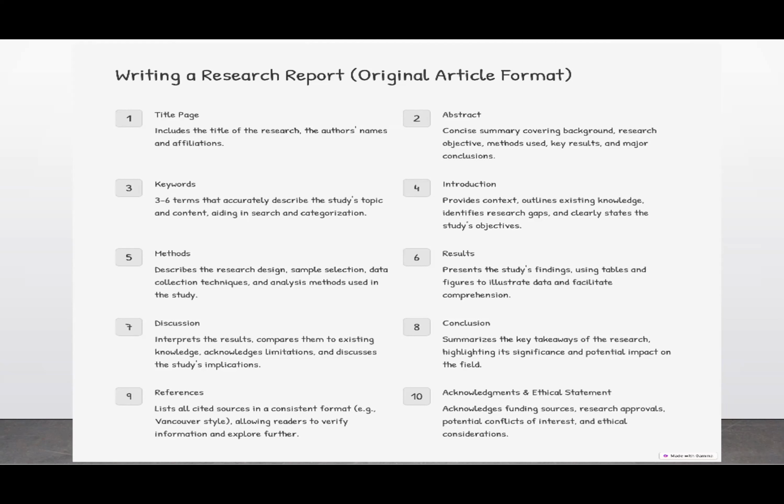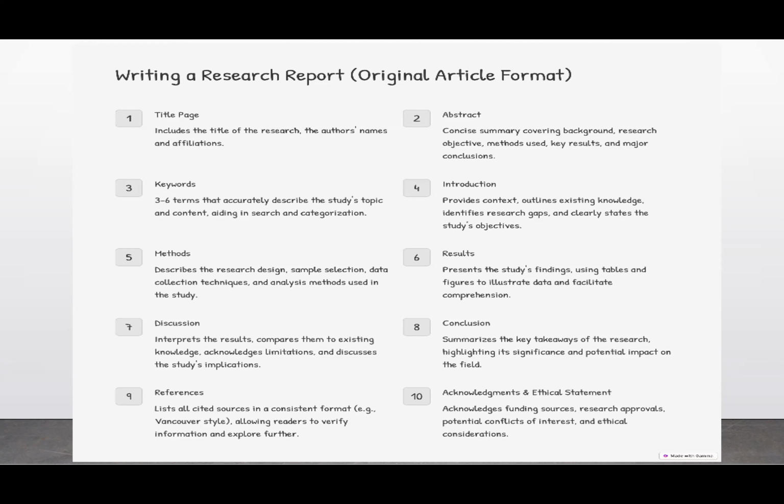The fifth step is methods. In the methods section, describe the research design, sample selection, data collection technique, and analysis method used in the study. In the results section, present the study findings using tables and figures to illustrate data and facilitate comprehension.